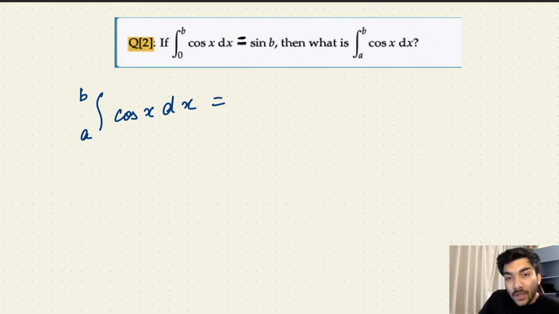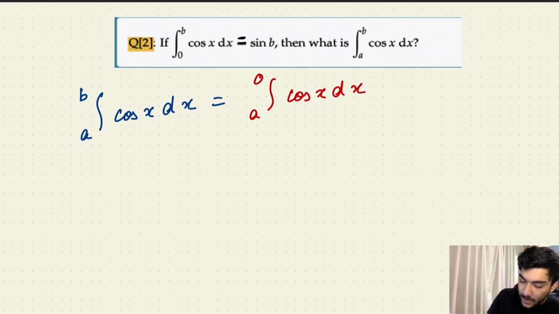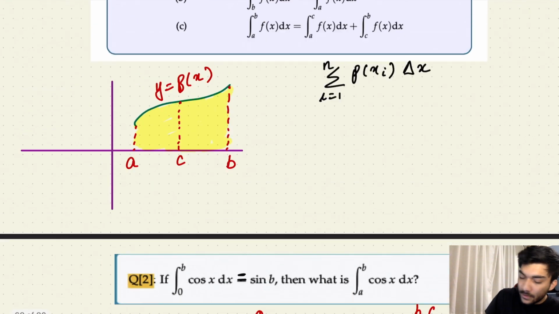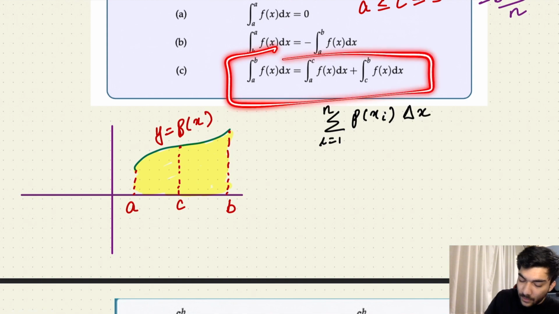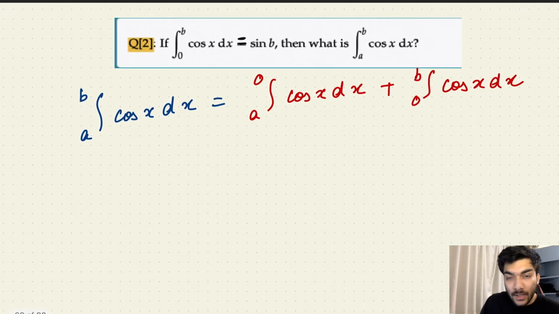So why not use the third property and divide our definite integral into two parts such that we have 0 between a and b in this case. If we do that, we can write this as integral a to 0 of cos x dx plus integral 0 to b of cos x dx, by using the third property, that is, splitting our definite integral up.